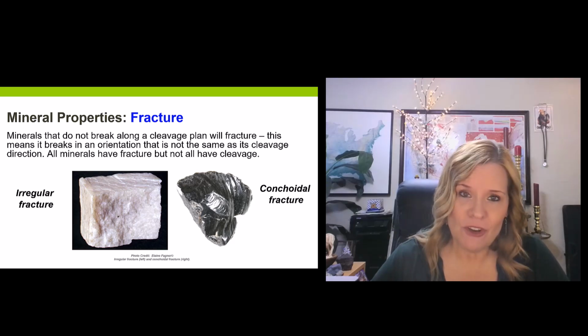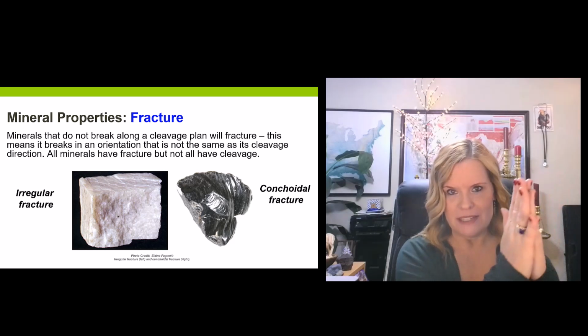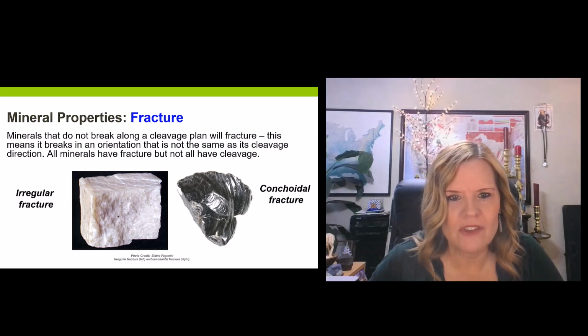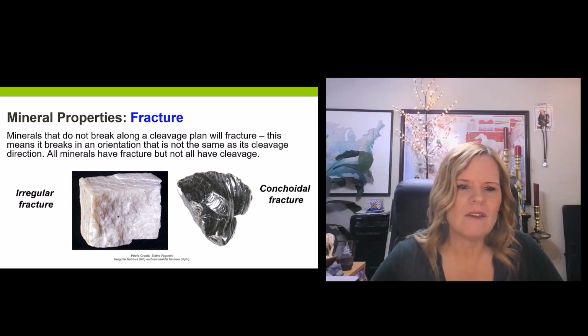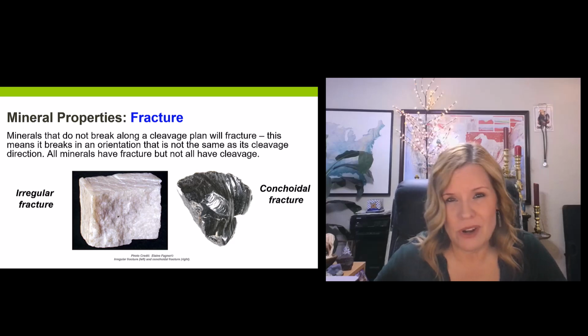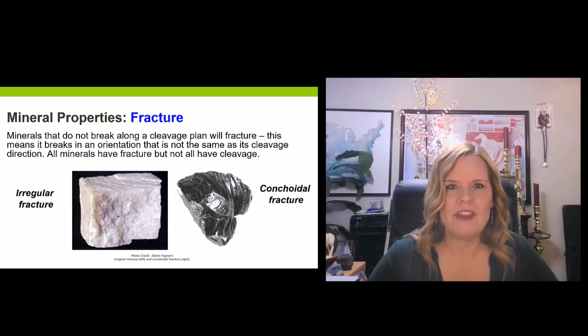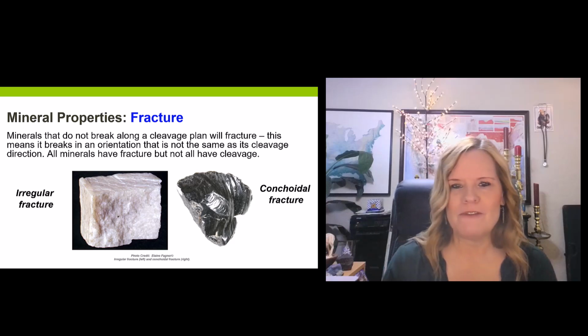It's different from cleavage because cleavage breaks apart in nice designated smooth sections. That is certainly not the case with fracture. In the left image you see an irregular fracture along the edge of a piece of a mineral, and over here a conchoidal fracture on obsidian, which is volcanic glass. They're both different types of fracture, but they don't have a nice smooth plane in which they split apart.